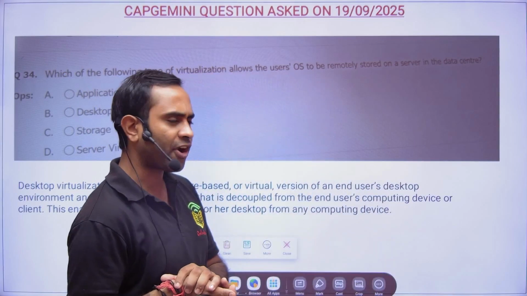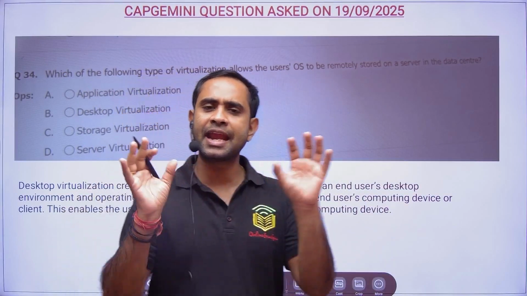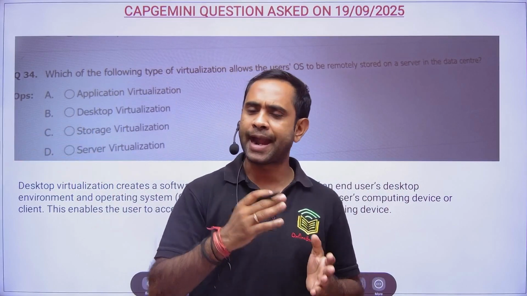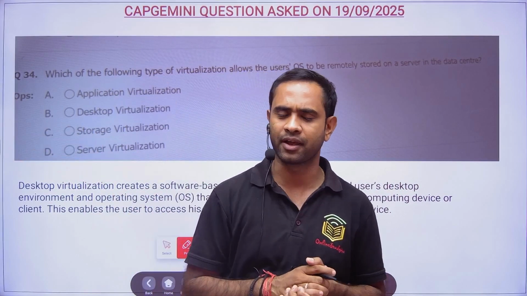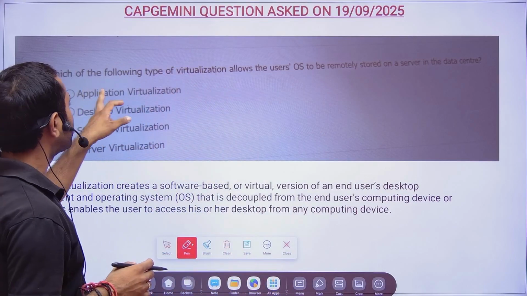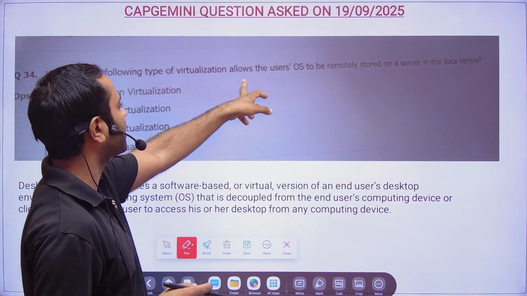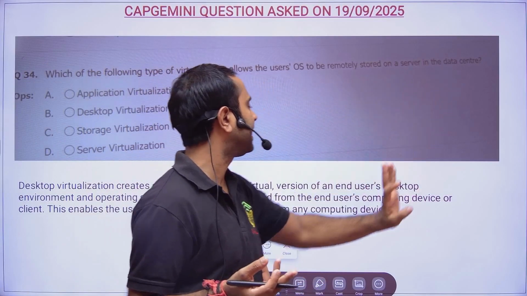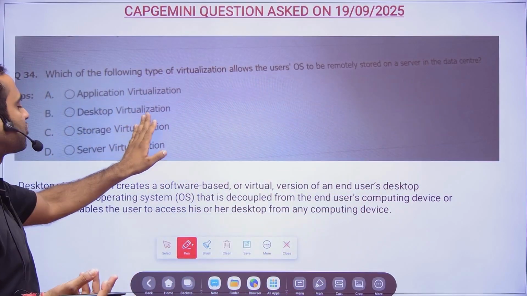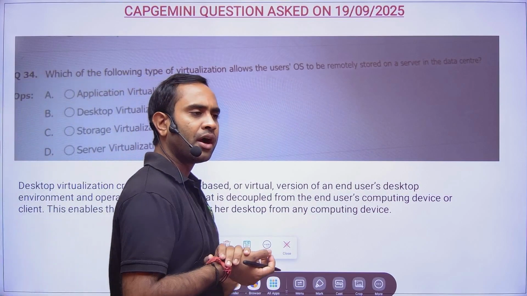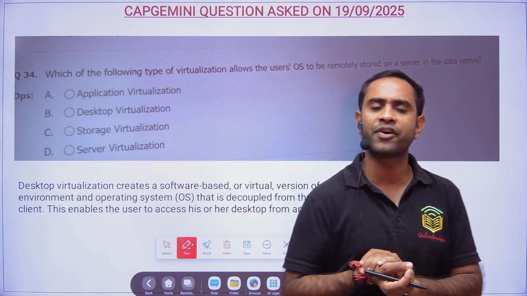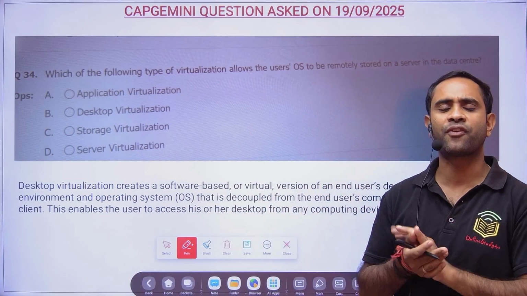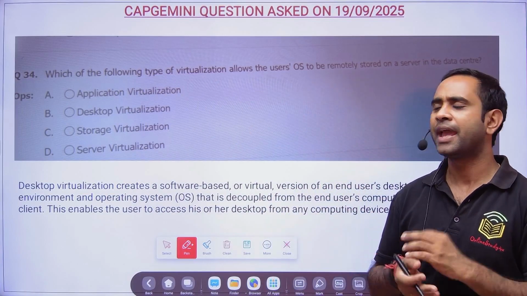Anything. So for that, friends, we create a virtualized environment where one operating system will be running on it, and you will be able to access it from here. Now, which of the following types of virtualization allows the user operating system to be remotely stored on a server in the data center? That is nothing but desktop virtualization. We create VMs, virtual machines, and we access them from anywhere.